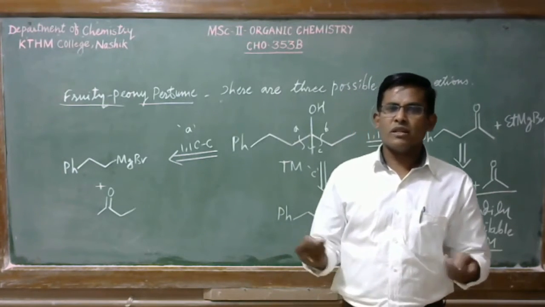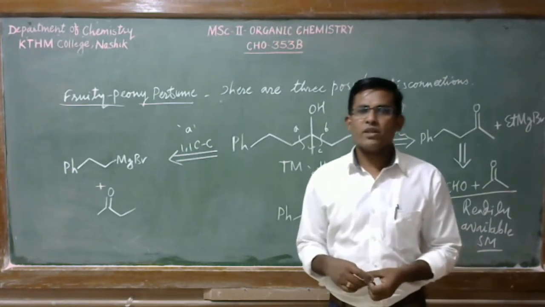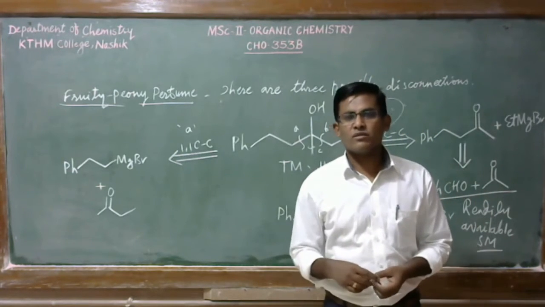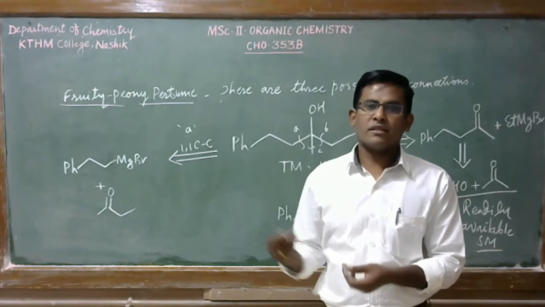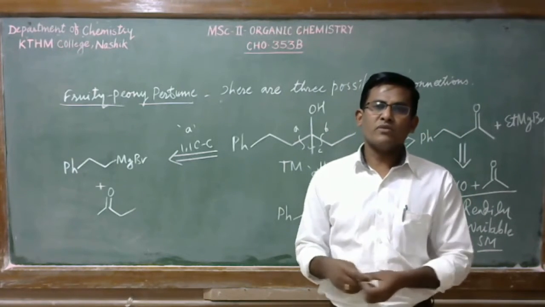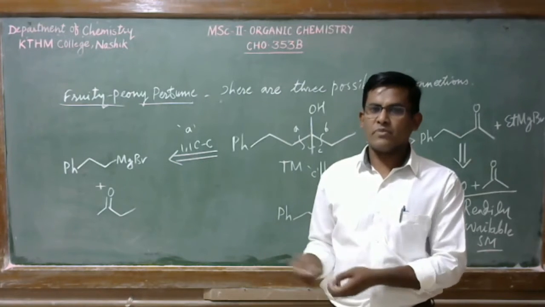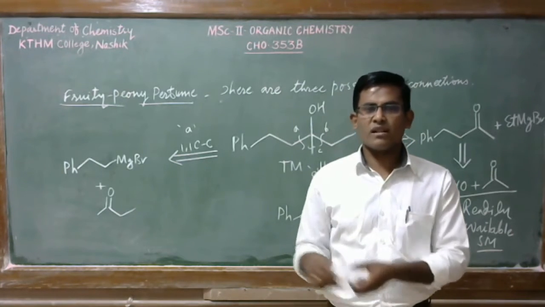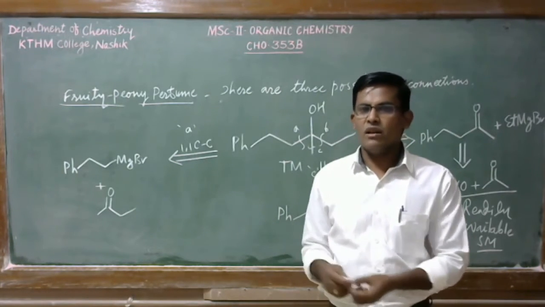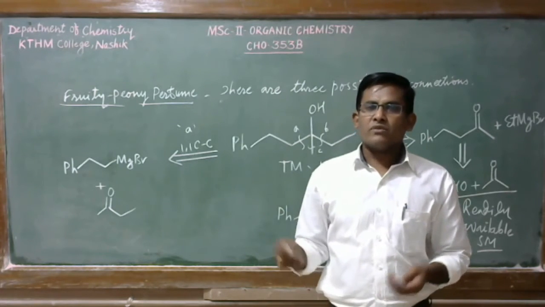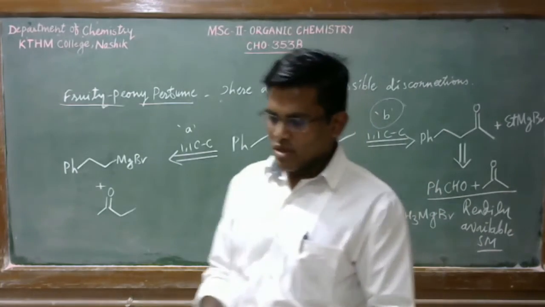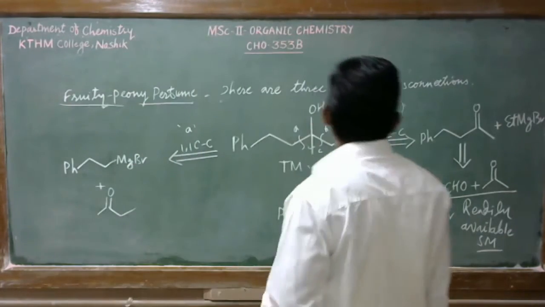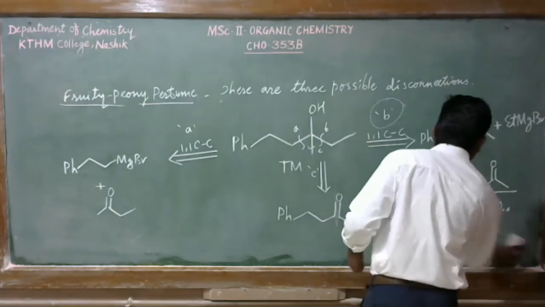But this is not strictly true, because when the molecule is highly branched, up to 8 carbons with 1 functional group are also available, and 2 functional group compounds are also available. So let's see those starting materials.